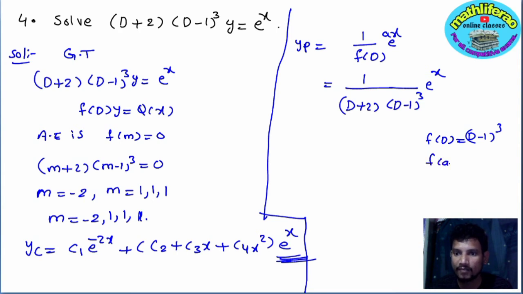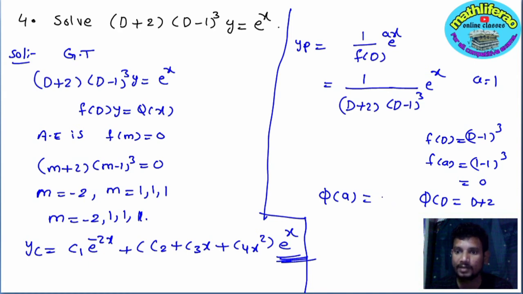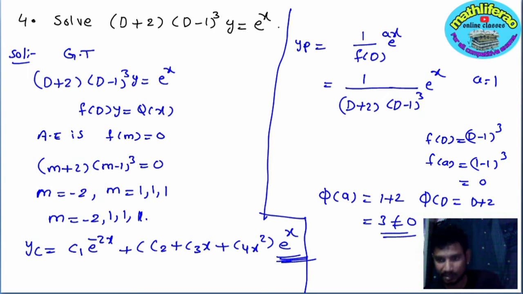So f of a value, here f of a means a value 1, 1 minus 1 whole cube equal to 0. Now here phi of d value is d plus 2; replacing a value 1, phi of a is 1 plus 2 equal to 3, not equal to 0. So here d minus 1 whole cube means the d minus 1 factor is 3 times repeated.